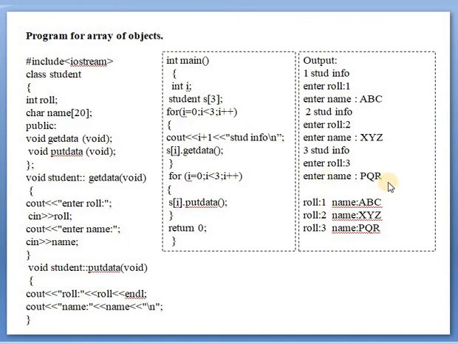It is the output of the get data function. And now the put data function displays roll number 1 name ABC, roll number 2 name XYZ, roll number 3 name PQR. This is the program for array of objects. You can write this program and also execute it to get the output.